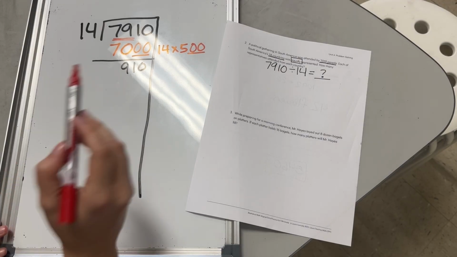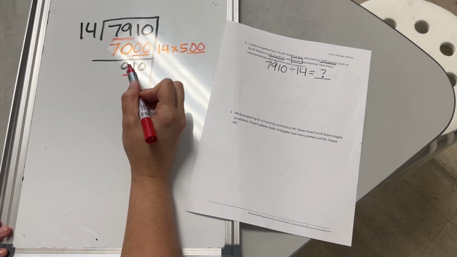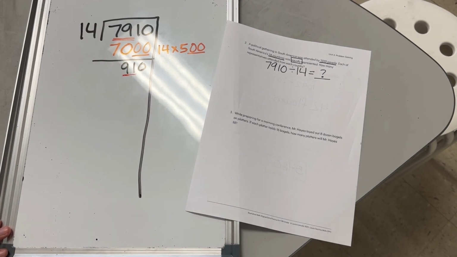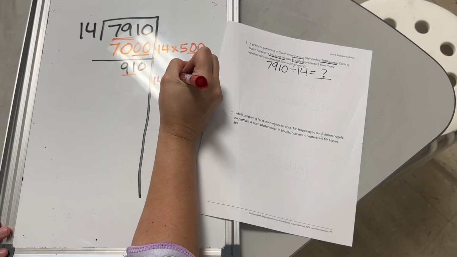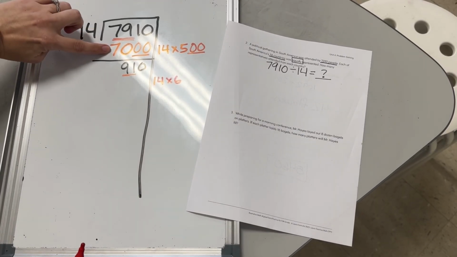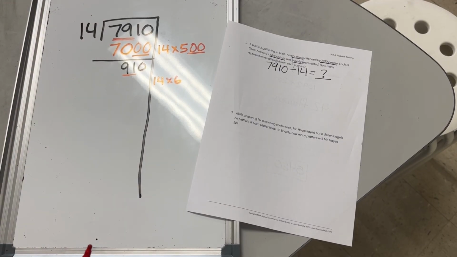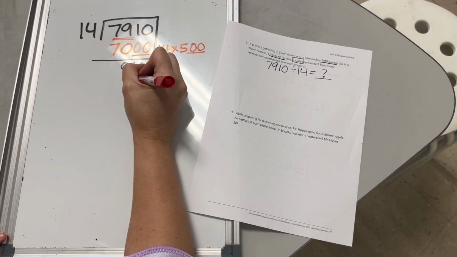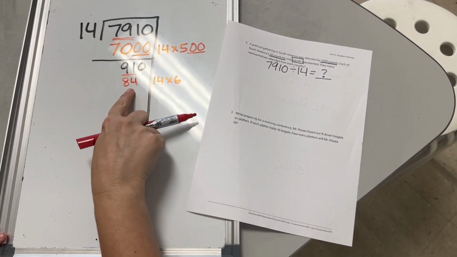I know that I can't do 9, so I have to look at the whole 91 here. And 14 is going to be able to fit into 91 6 times. I know that because 5 times was 70. So 6 times, I just have to add another 14, making it 84. 14 times 6 is 84.